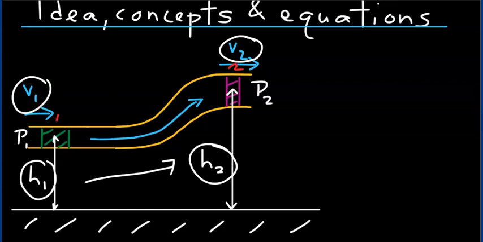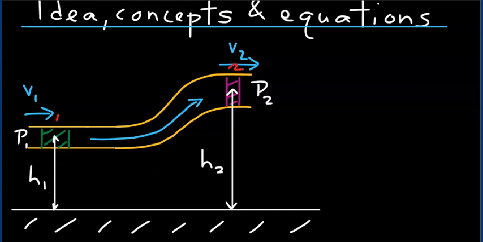These changes in mechanical energies are due to work done on this volume of fluid as it enters and leaves the pipe. Thus, Bernoulli's equation relates all these variables according to the principle of conservation of mechanical energy, which can be written in the following form.